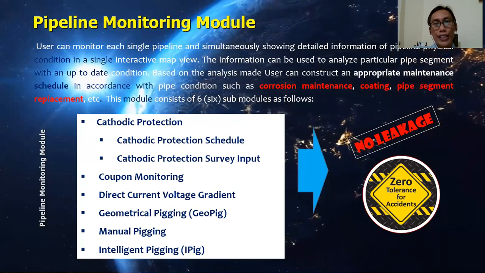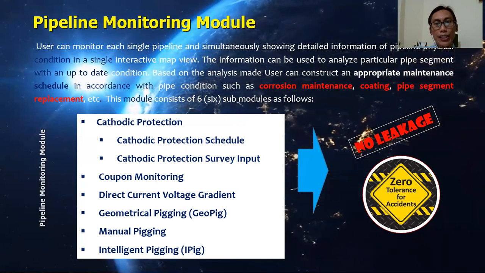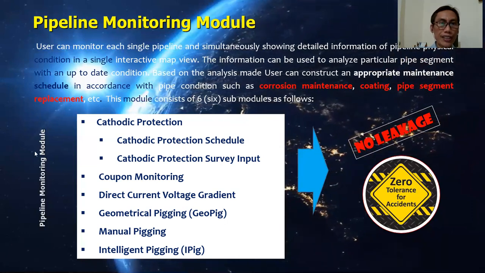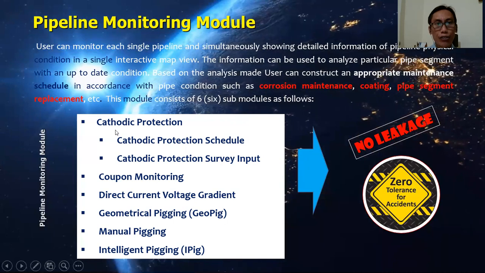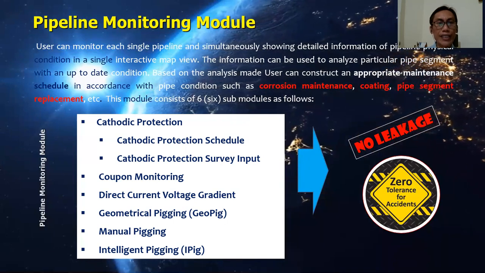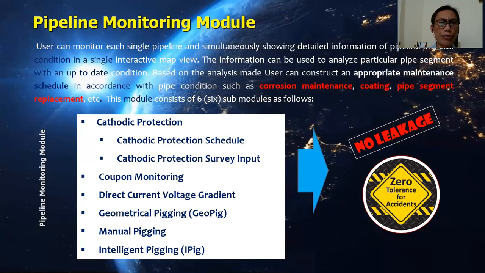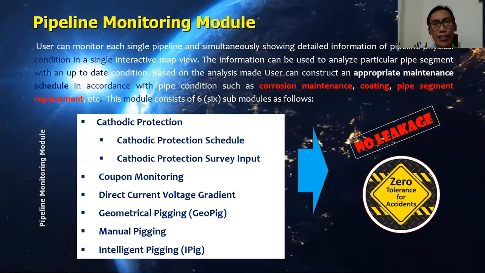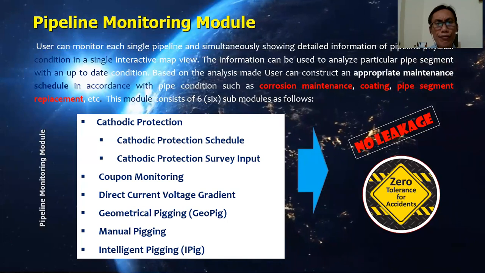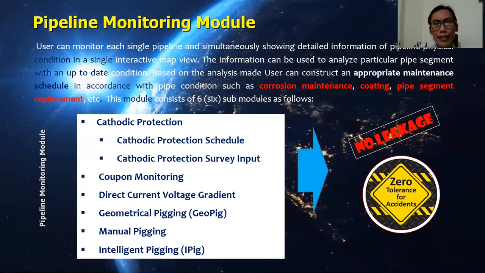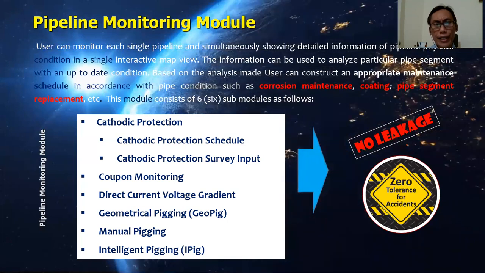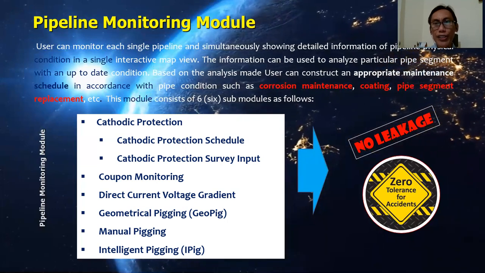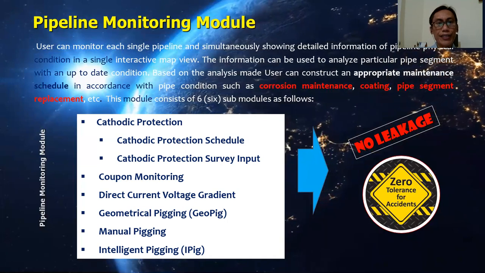So there are actions that should be done to avoid a leakage. At least these 6 actions should be done to avoid an accident.